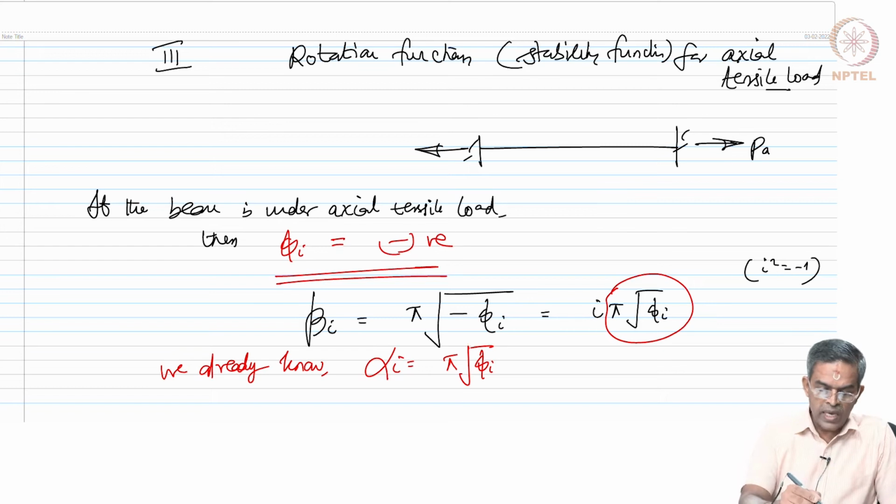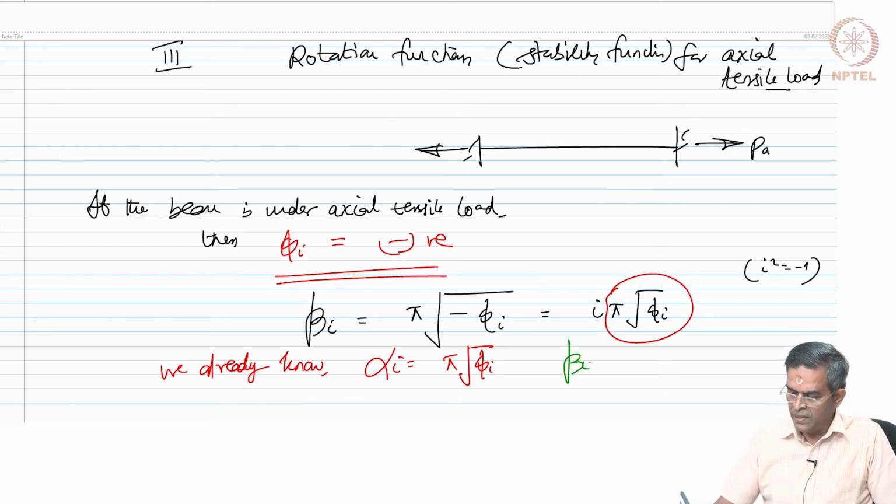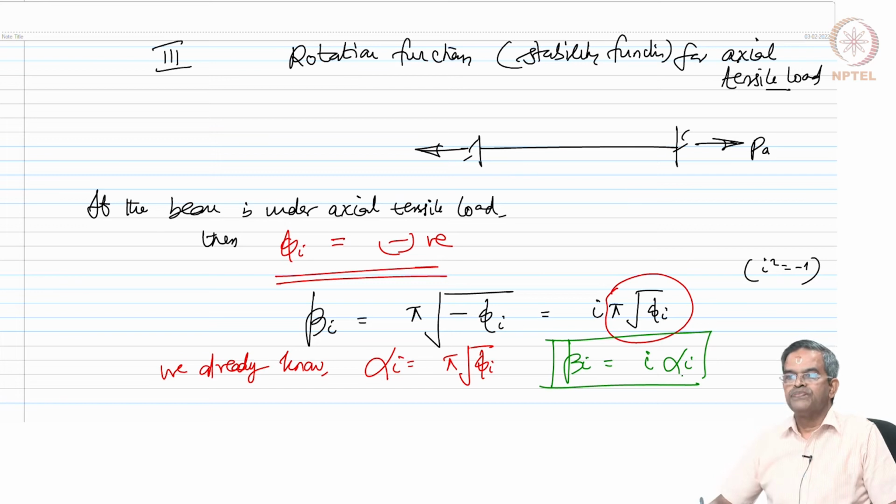So, can I now say beta I is I alpha I? Okay, let us have this with us. We call it equation number 1.